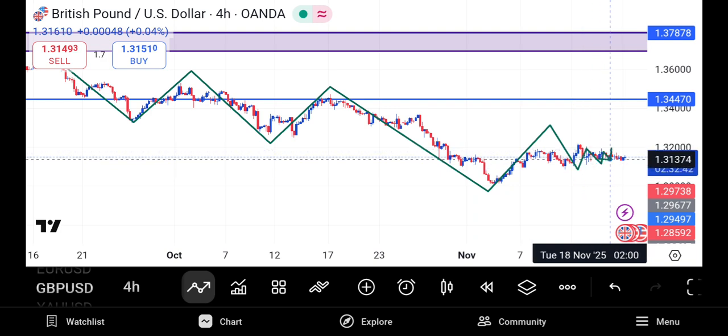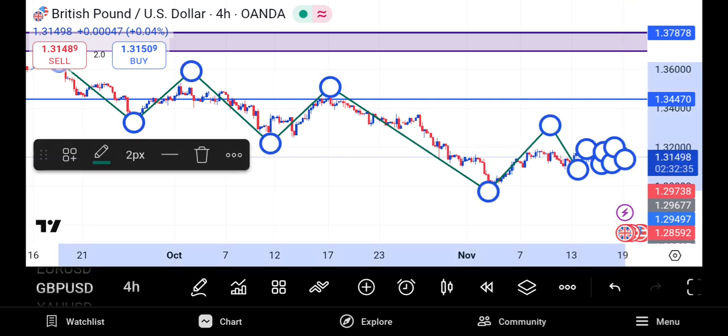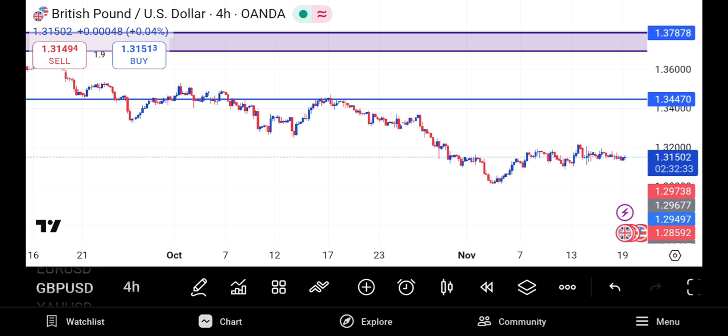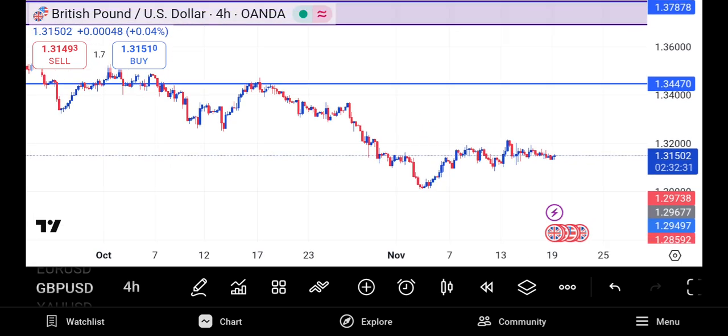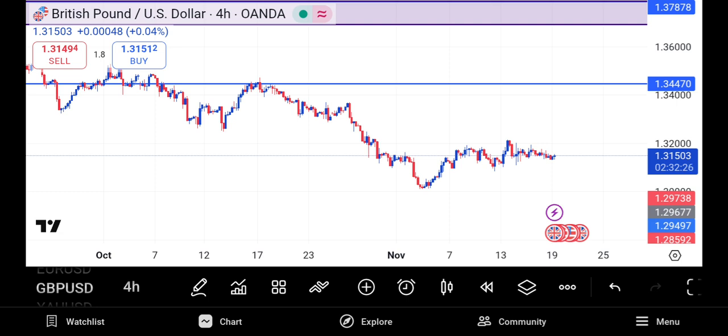Consolidation means price is stuck in one position. It's not going up, it's not going down, it's just playing in one position. So we can see that we're in a bearish trend, heading down.